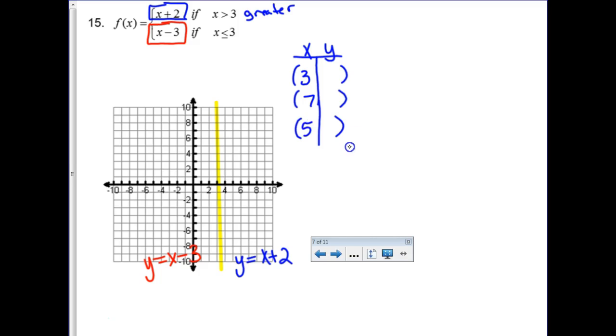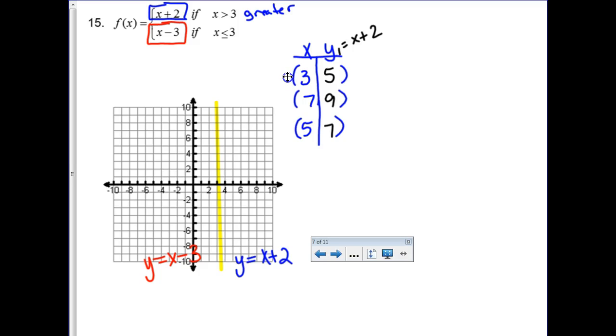Okay. Sounds good. So I think this one's pretty good for you guys just to manually plug in the x's into the function x plus 2. So we get 3 plus 2, which is 5. 7 plus 2 is 9. And 5 plus 2 is 7. How about that very first point? Because that's the one we always have to worry about.